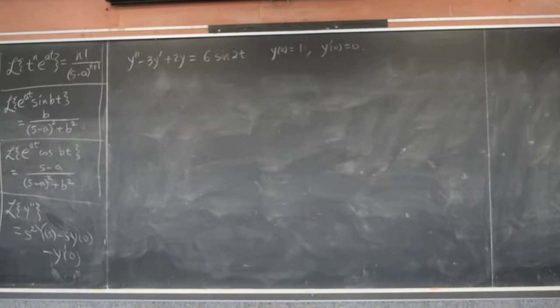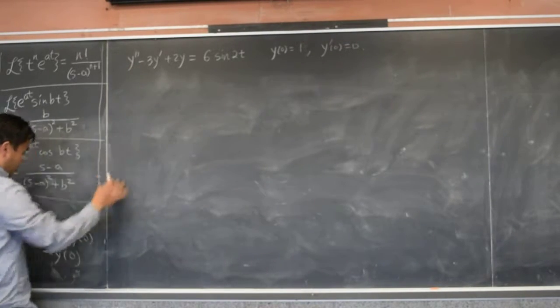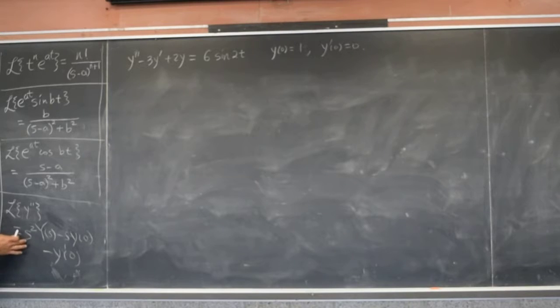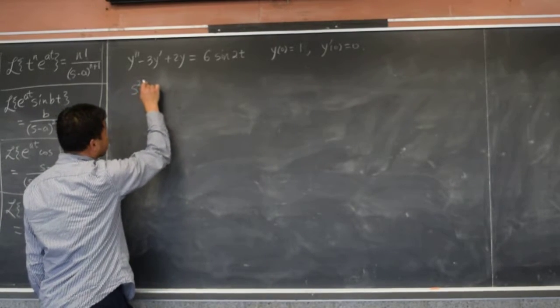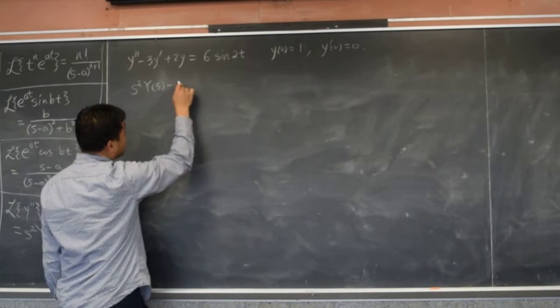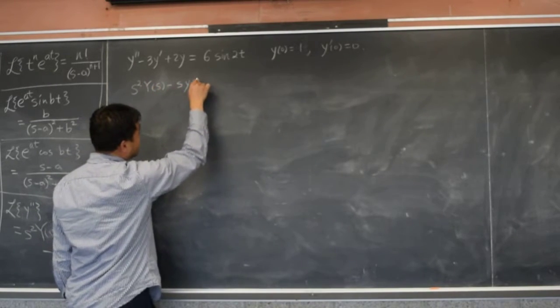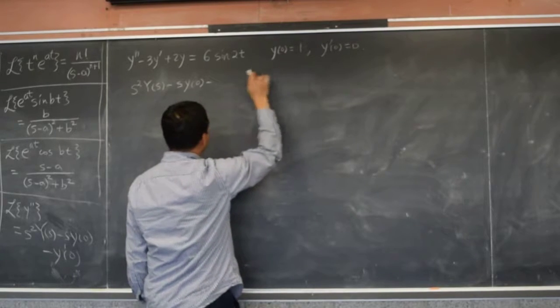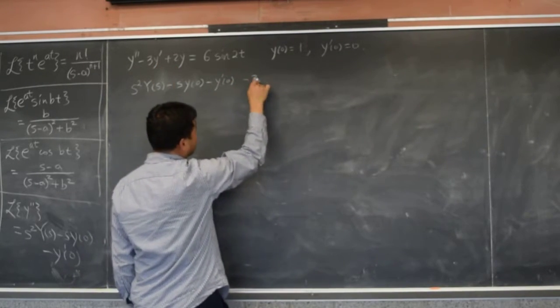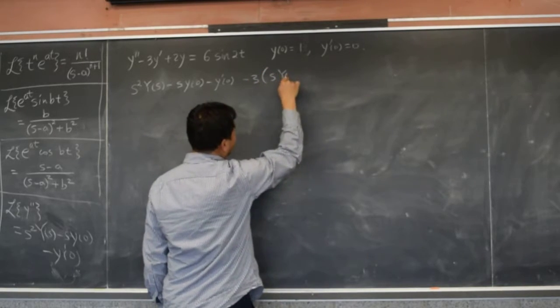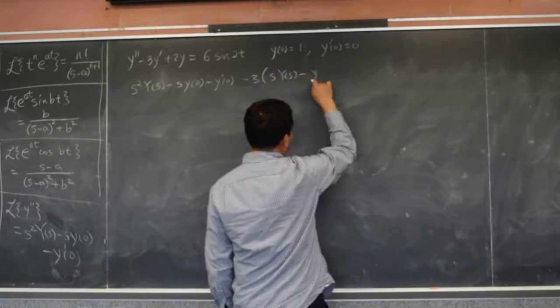Let's try this. Okay, first apply Laplace transform. This one transforms to this thing here. So 2 derivatives gives you s squared, and the initial conditions pop up. The initial values are used. This one is negative 3 times sY minus y of 0.